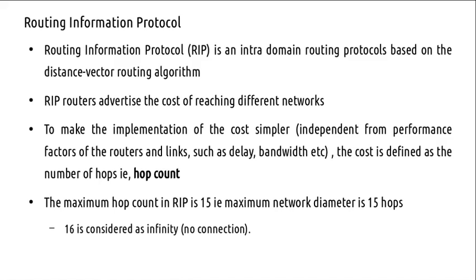If you have an autonomous system with a diameter of more than 15 hops, you will go for the Open Shortest Path First routing protocol. That is another variant with a different metric for computing the cost. Here it is hop count.